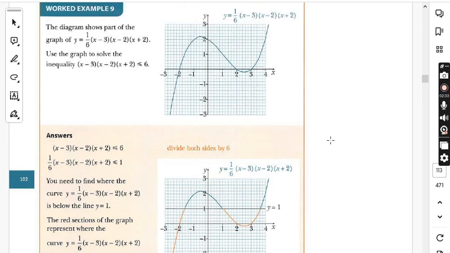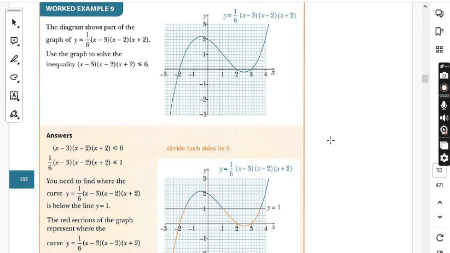If you divide the inequality by 6 on both sides, you will get 1 upon 6 into (x minus 3)(x minus 2)(x plus 2) less than or equal to 6 upon 6. Obviously 6 upon 6 is 1. So now 1 upon 6 (x minus 3)(x minus 2)(x plus 2), you can see in the question, equals y.